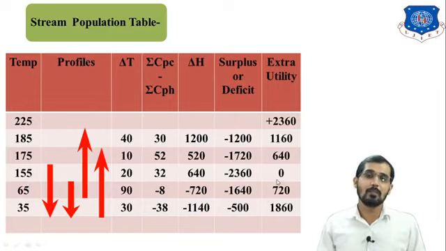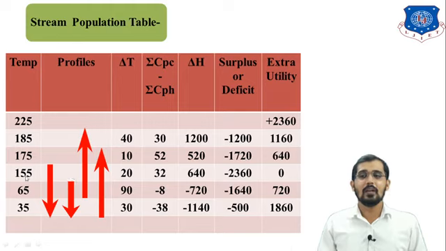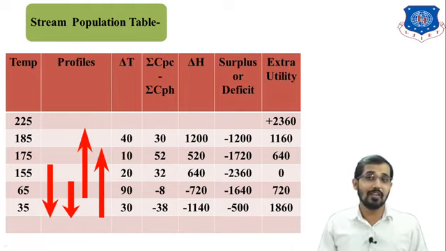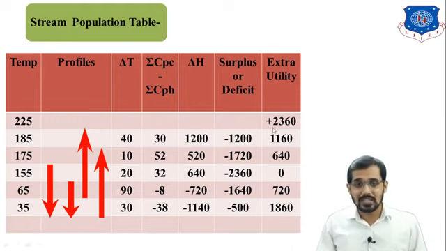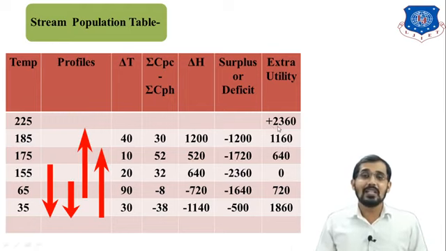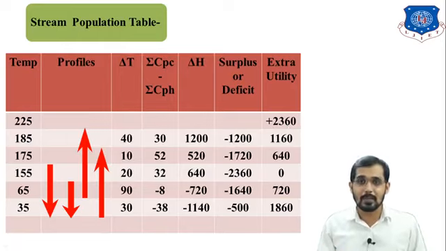So this 0 is your pinch point, and the corresponding temperature is the pinch temperature, that is 155 degrees Celsius. And you can see here this plus 2360 is your minimum hot utility requirement, and this 1860 is nothing but your minimum cold utility requirement.